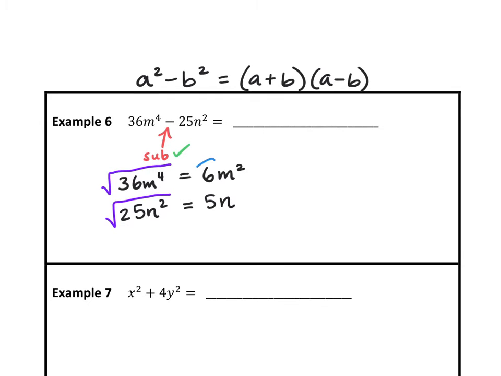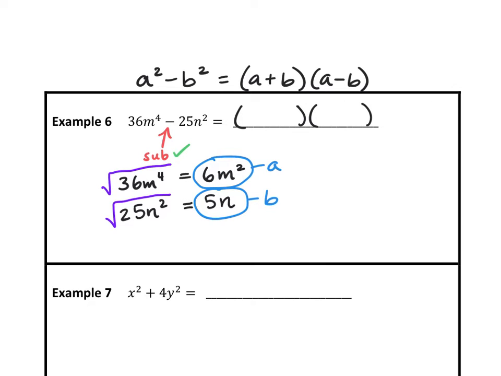So this is going to be my a, and this is going to be my b. And so we're going to set it up in the following way, right? The first parentheses has to have a plus b. A plus b. So this one plus this one.